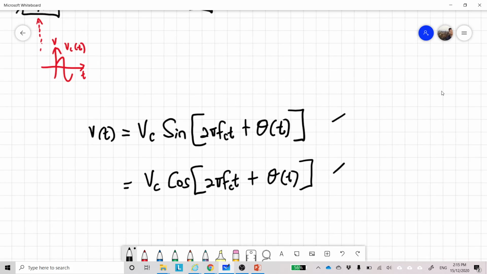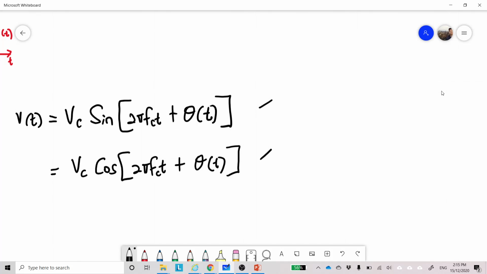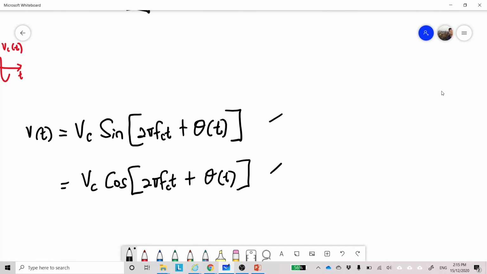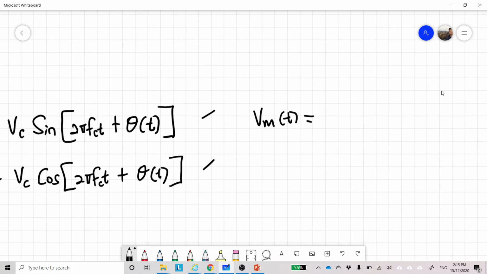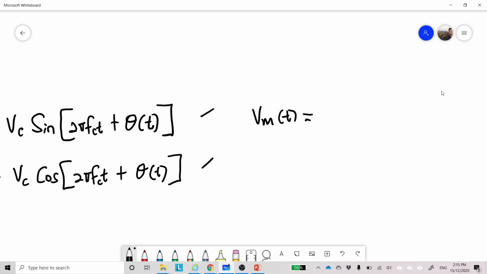Okay, in your notes, dalam nota kamu biasanya digabungkan. Kalau menggunakan sine, maknanya dia punya VM, the VMT also will be used sine function. Okay, dalam you punya nota dia gabungkan lebih mudah. So VM sine 2 pi FMT.